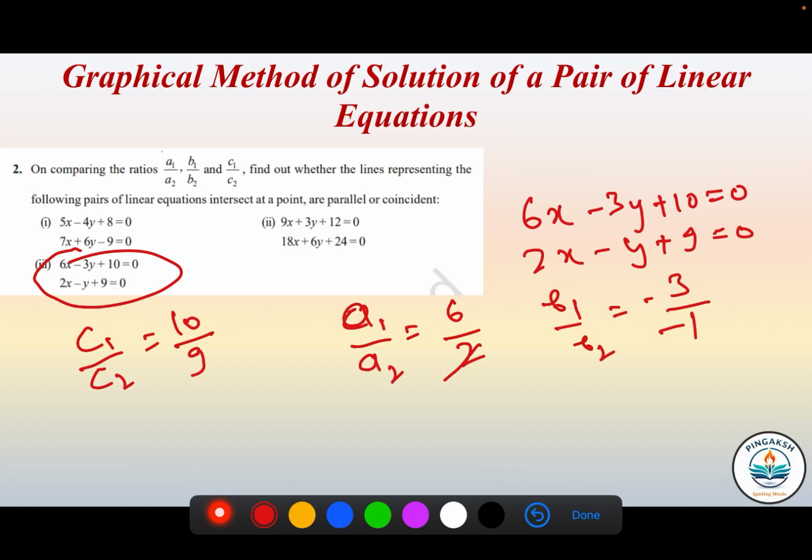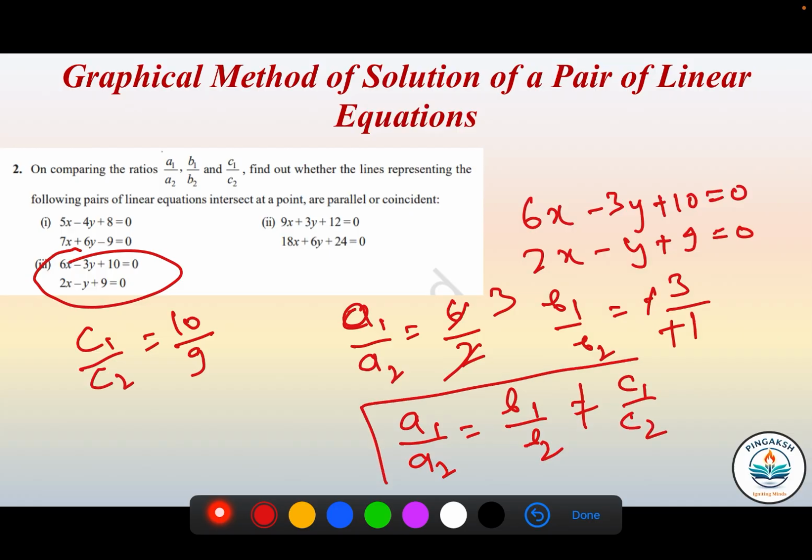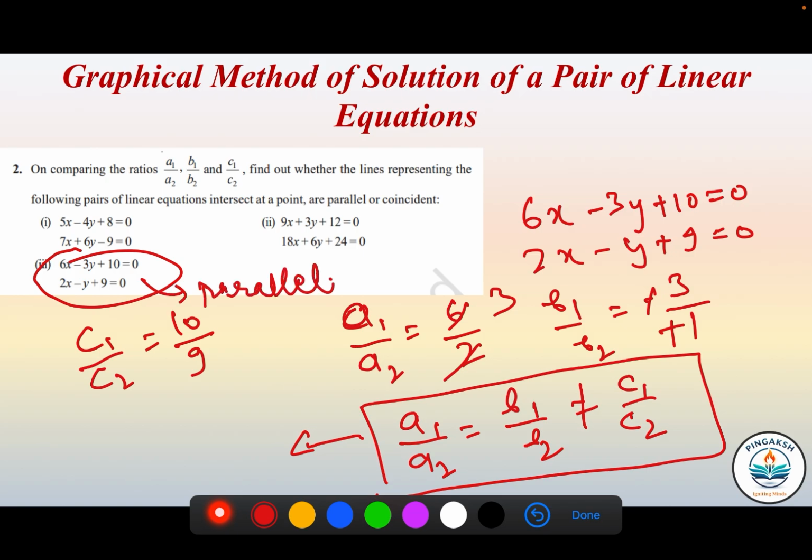So it is 3, it is also 3, so a1 by a2 is equal to b1 by b2 but not equal to c1 by c2. That is, these lines are parallel, and they have no solution. Parallel lines have no solution.